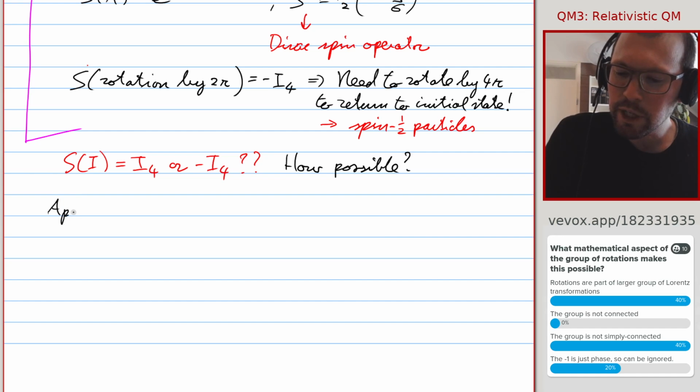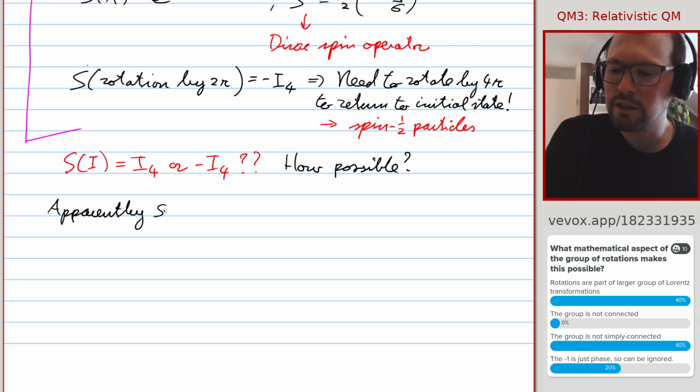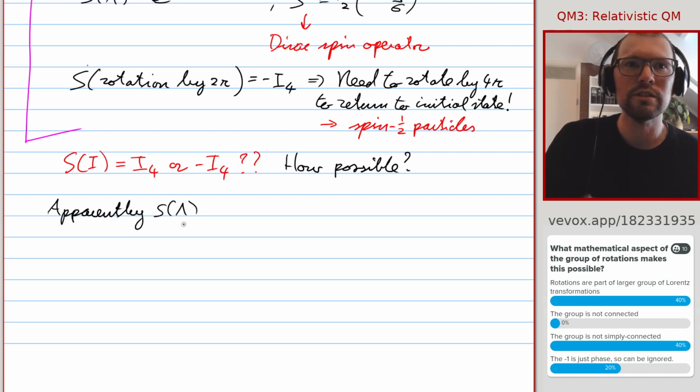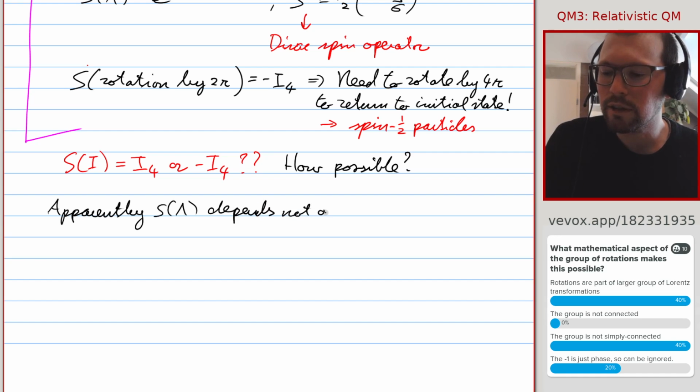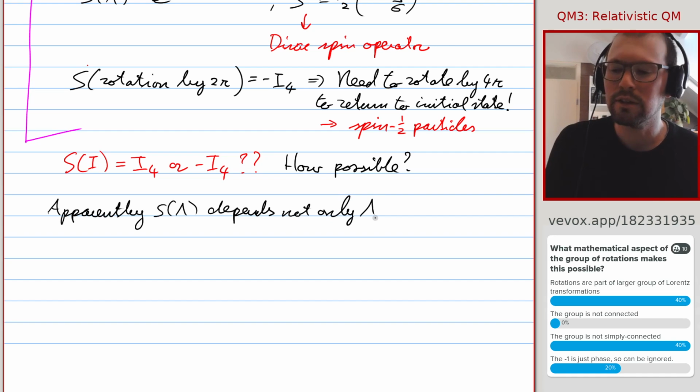So the point is that apparently this S of lambda, the transformation for the spinors that I do, depends not only on the Lorentz transformation lambda itself, but also how we got there.